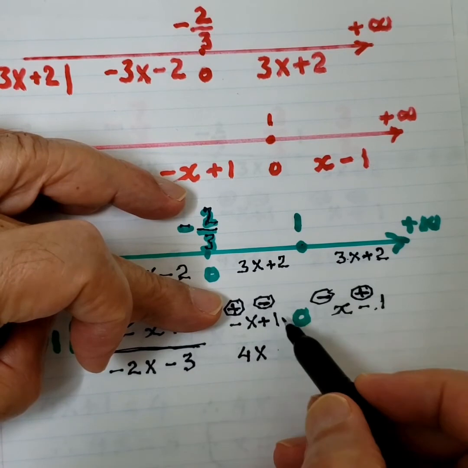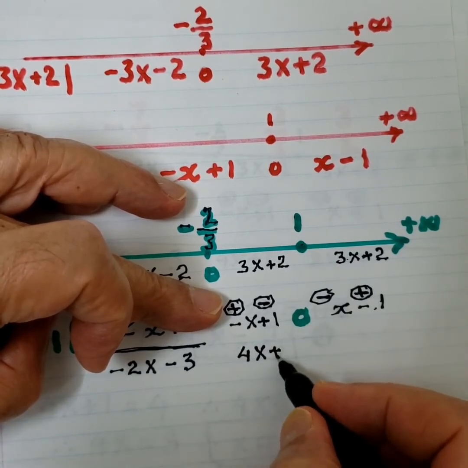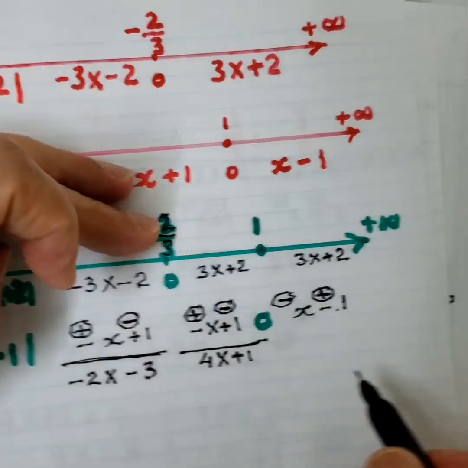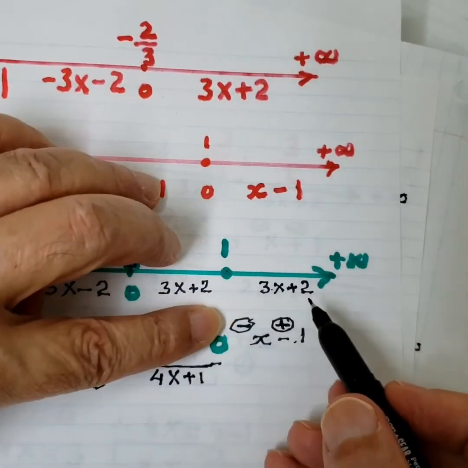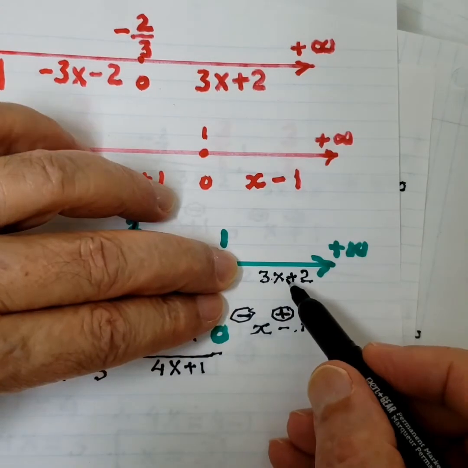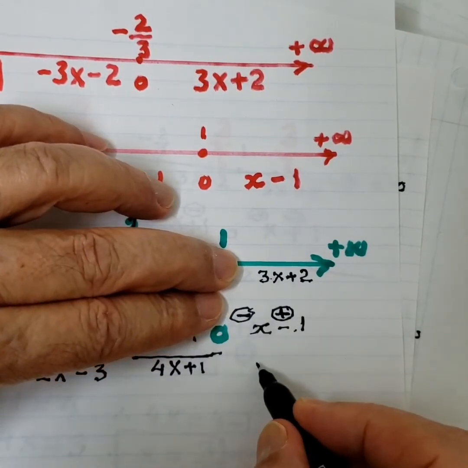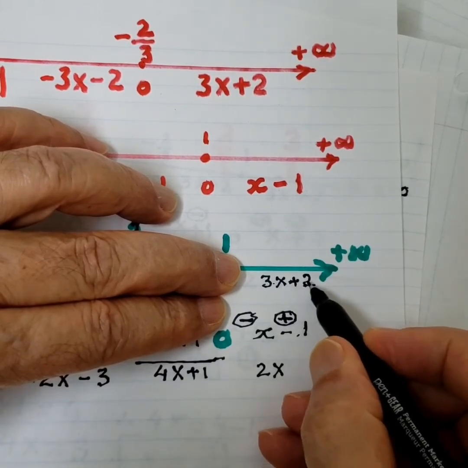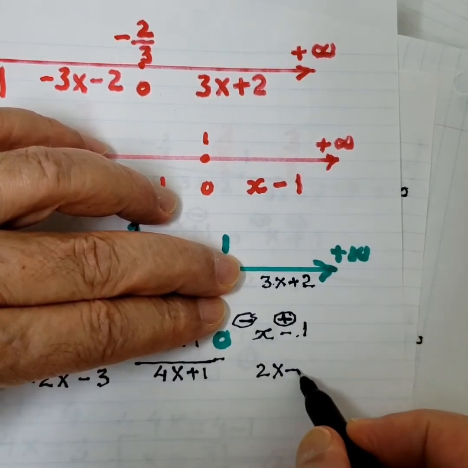Plus 2 minus 1, that means plus 1. This is the second interval. The third interval, 3x minus x, that means 2x. Plus 2 plus 1, that means plus 3.